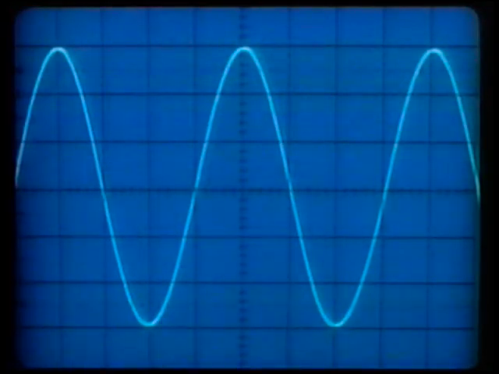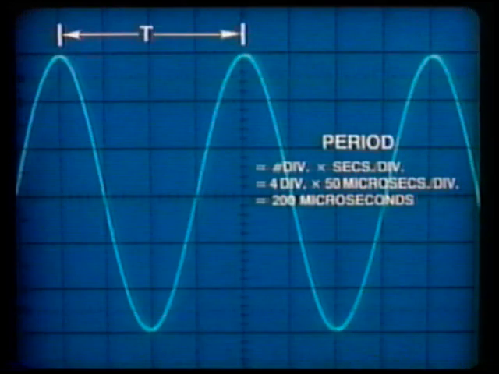Now try to find the period and frequency of this waveform. Remember that the period, represented as T, is the time between two peaks. It is found by multiplying the number of divisions by seconds per division. In this example, there are 4 divisions between the 2 peaks, and the oscilloscope is set to 50 microseconds per division.